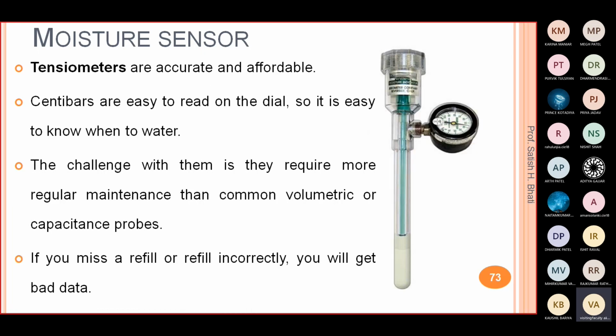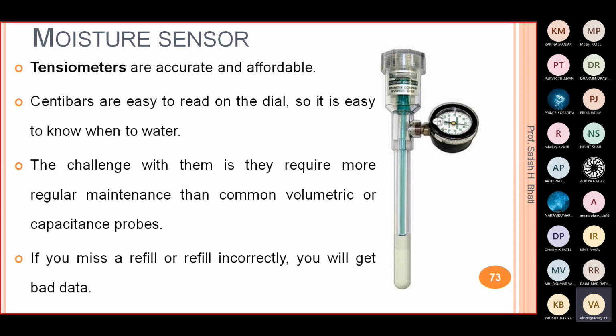Then the second type is the tensiometer or tension meter. This type of soil moisture sensor is very accurate and also affordable, meaning their cost is not that high. They have a dial on the device. The device you see in the slide is a type of sensor.